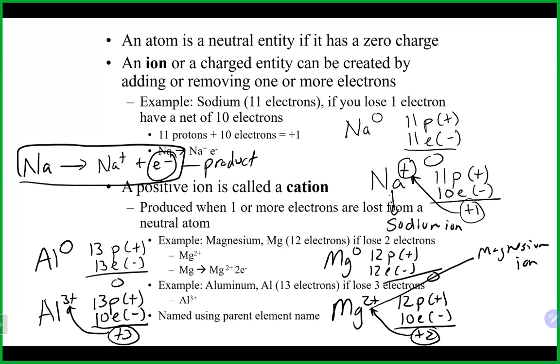Same thing if we look at magnesium: magnesium going to magnesium with a +2 charge and giving off 2 electrons. Because the electrons are on the product side, that indicates this is how the cation is being formed and those electrons are being given off. Any questions on that?